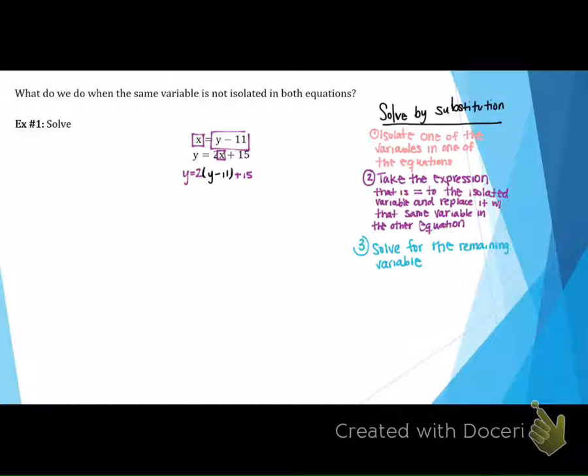So Jordan, how would I solve for the remaining variable? What would you do first? You would distribute the 2. Riley, what would you do next?